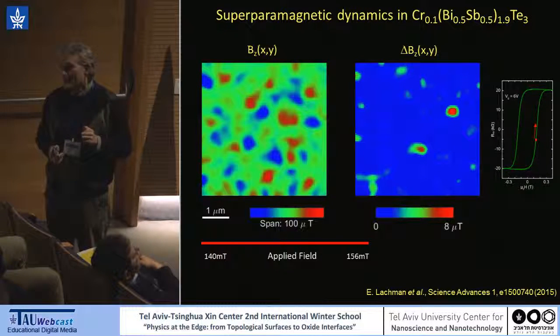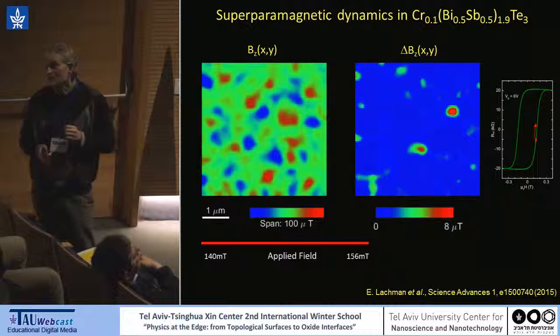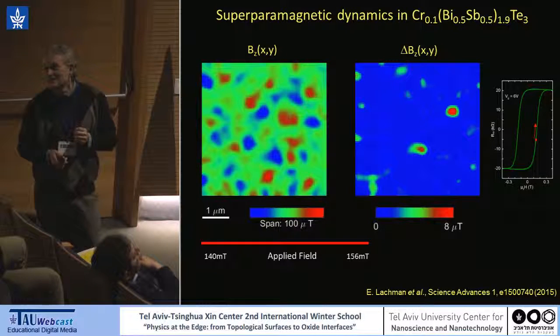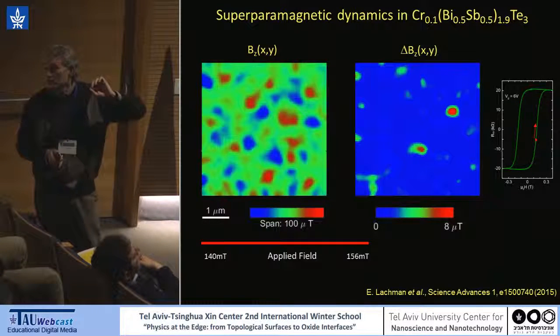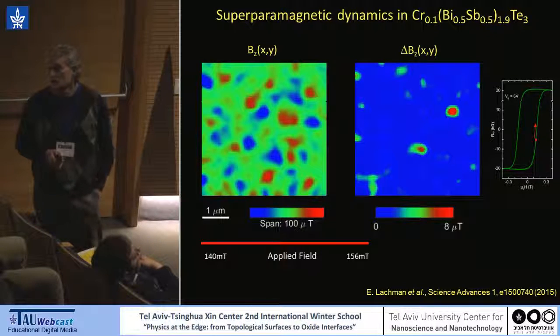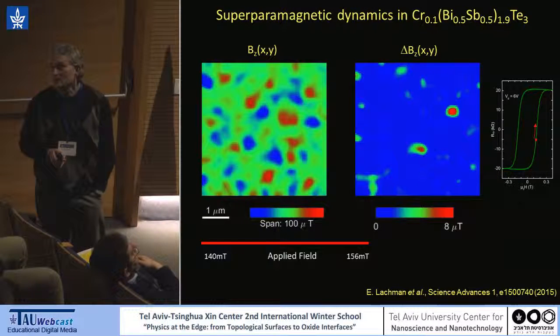But at the same time, this is a bulk magnet. No, this is a thin film. This is a 7 quintuple layer thin film. What I'm basically asking is whether those bad regions are coming from the bulk, while the surface, which is the important part for the quantum anomalous Hall effect, is actually as perfect as these blue regions.